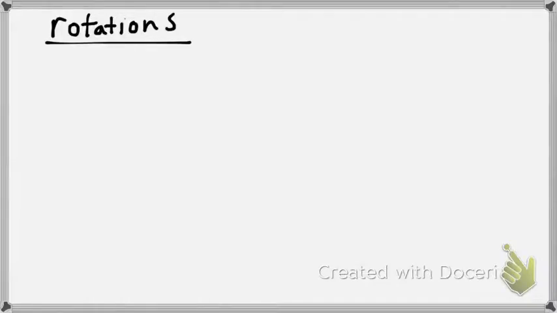So, with rotations, the things that you need to remember are the direction of certain rotations. If you rotate this way right here, that would be clockwise. If you went this direction, that would be counterclockwise.